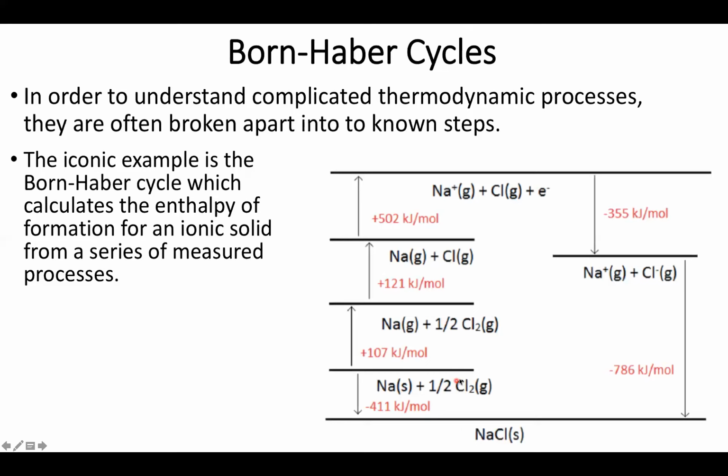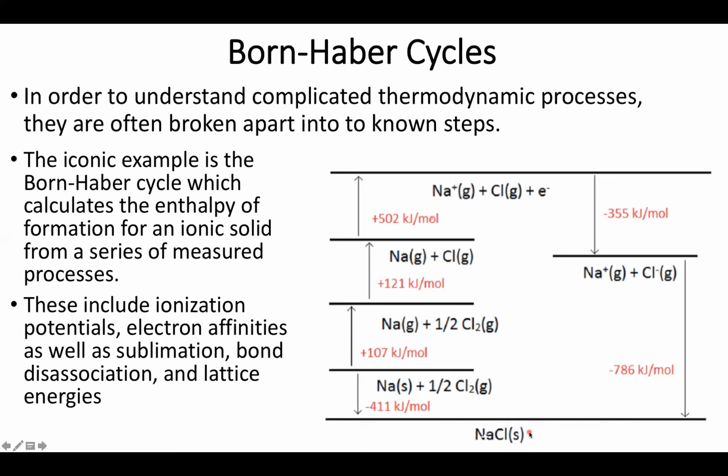For example, I may be able to determine the vaporization of sodium, the bond dissociation enthalpy for chlorine, the ionization energy for sodium, and the electron affinity for chlorine, as well as what's called the lattice energy, to get me to this same point.